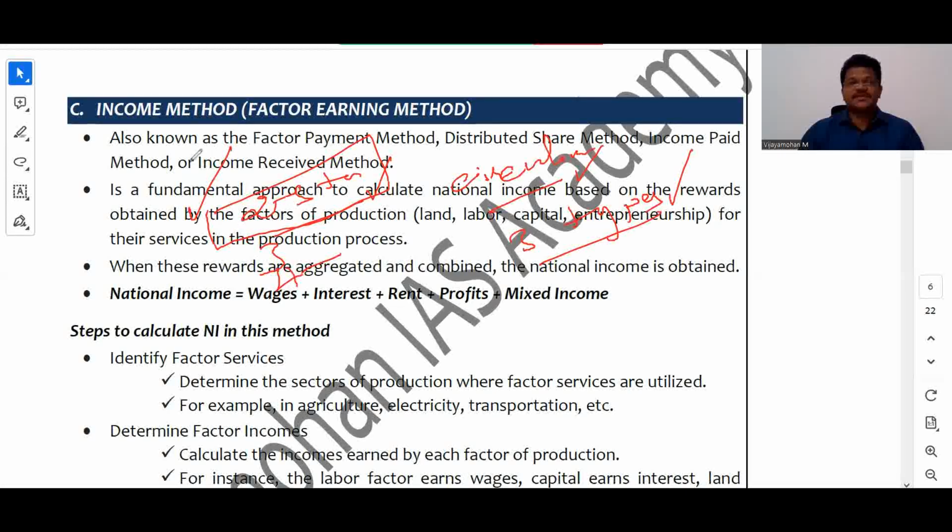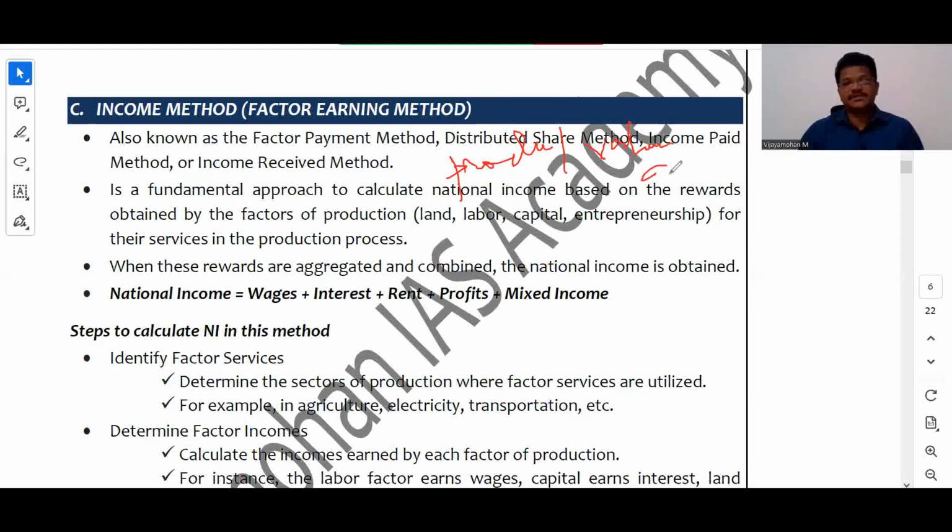After that, we had a discussion about the first method of calculating national income, that is the product method or value added method. We discussed the basic formula and the steps involved in the calculation of national income in this method, right?